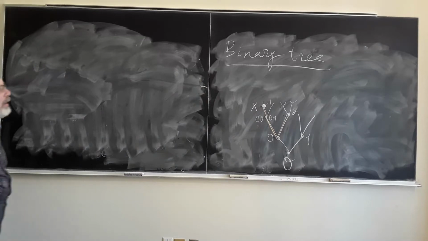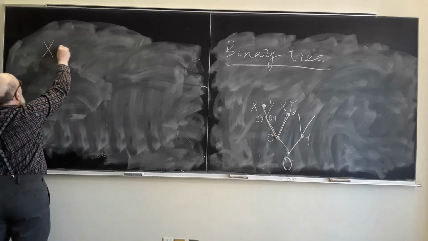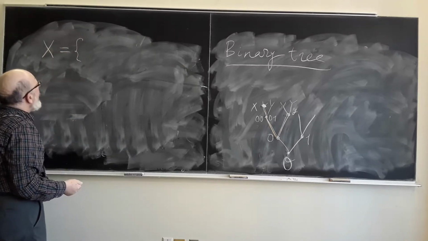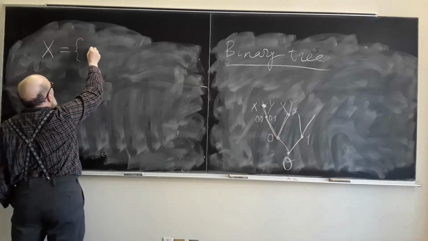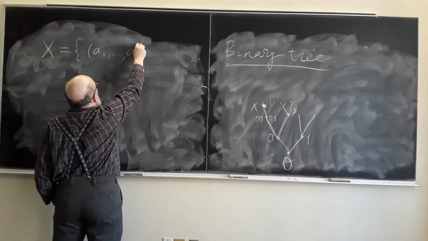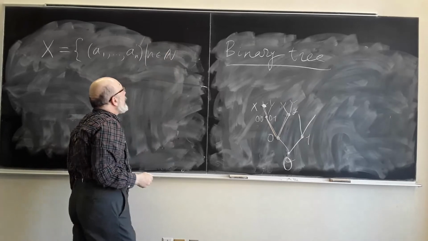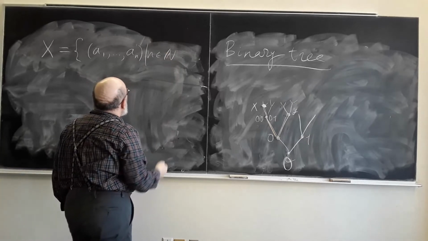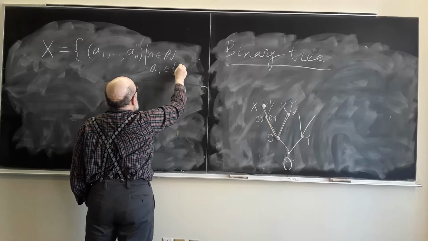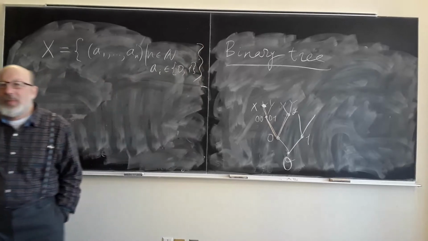And so we consider our space X, the set of all sequences A1, ..., AN, such that n is a real integer number, and the Ai are equal to 0 or 1. Yeah.